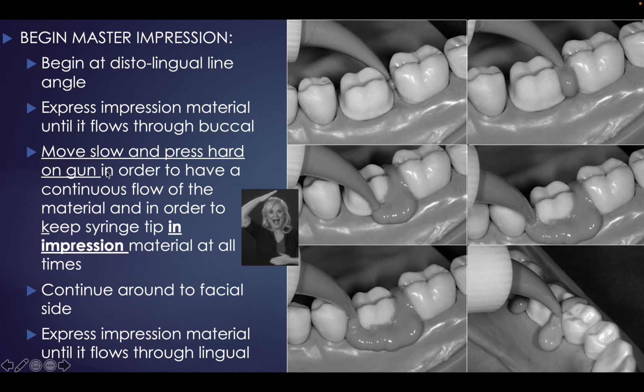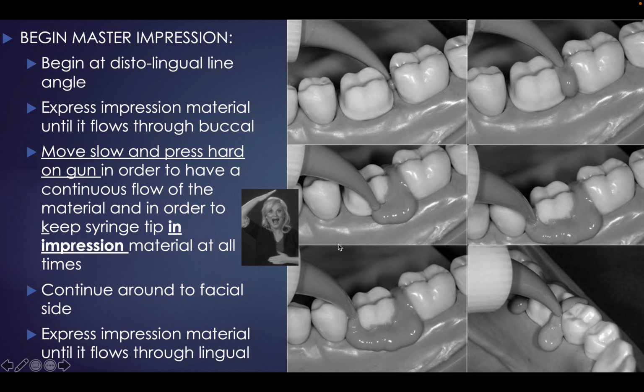Move slowly and press hard, and always keep the syringe tip in the impression material. Never go fast ahead of your impression, otherwise you will introduce bubbles, and that will give you a void, and then you repeat the impression.